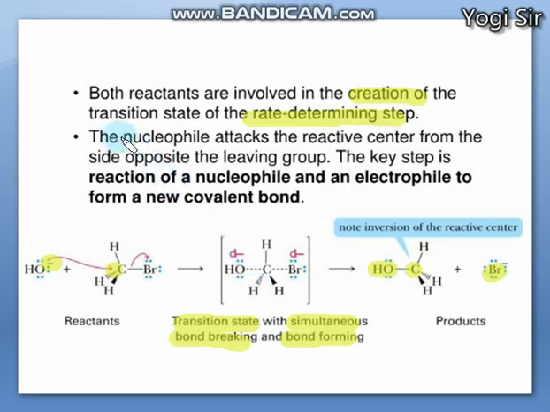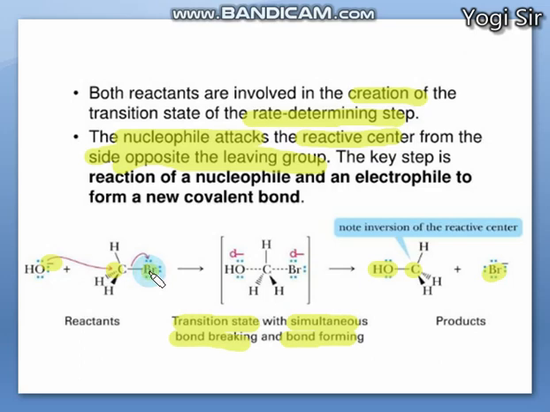And here this nucleophile attacks the reactive center, the central carbon, from the side opposite to the leaving group, means this OH binds from the opposite side of the bromine.